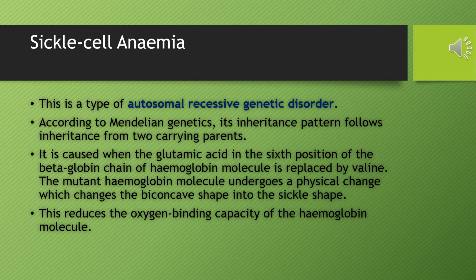The mutant hemoglobin molecule undergoes a physical change which changes the shape of RBCs from biconcave shape into the sickle shape. Hence, it is where the name is derived from, sickle cell anemia. This reduces the oxygen binding capacity of the hemoglobin molecule and the person stays lethargic and inactive.